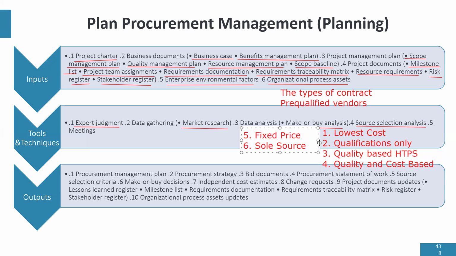So there's no other company to compete against them. It's sole source procurement. So these are the 6 source selection analysis techniques that help you to choose from the vendors, right?